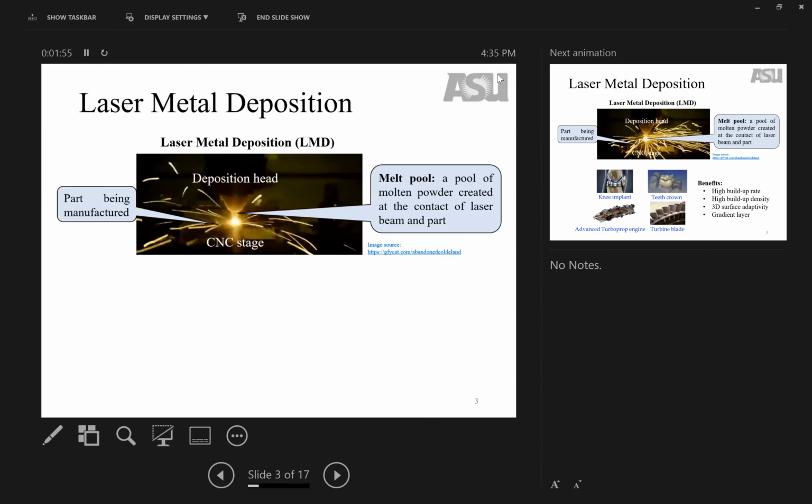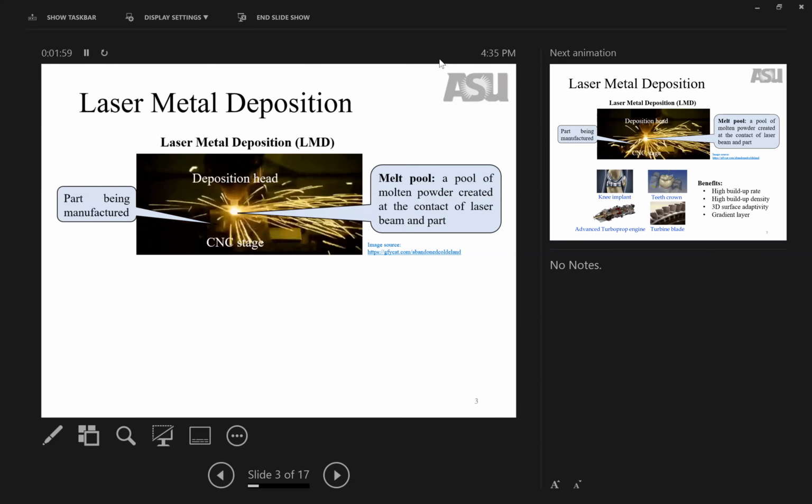There will be a melt pool created at the contact of the part and the laser beam. The melt pool is the major source of thermodynamics created during the process. It is highly related to the part quality after the process is done.